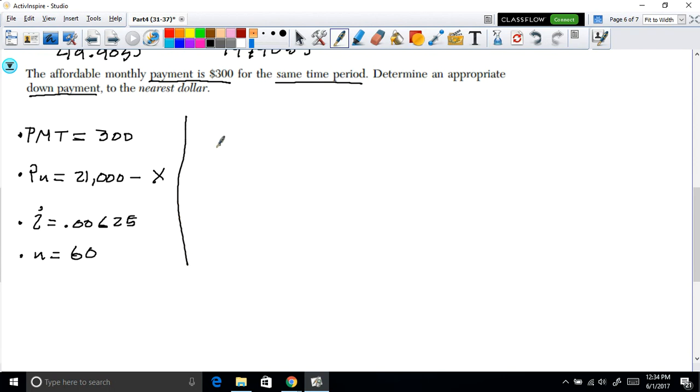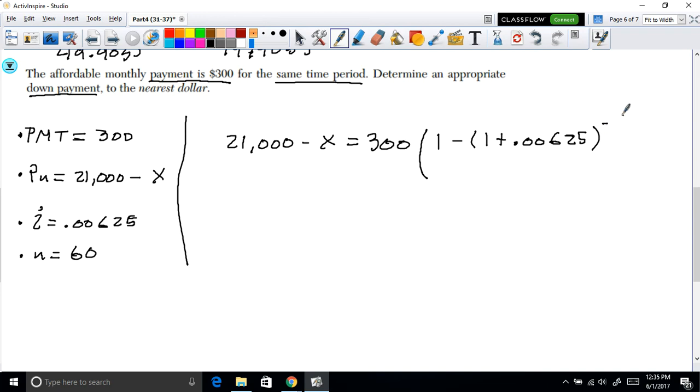So we're going to have 21 minus x equals PMT, which we know is 300, parenthesis, 1 minus 1 plus i, but we know that i is 0.00625, close parenthesis, 60 now.